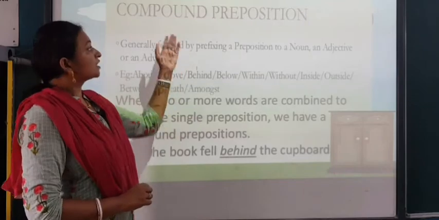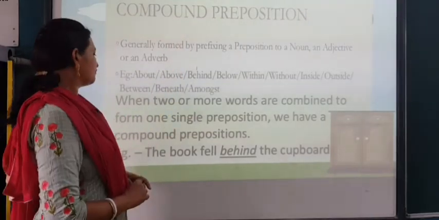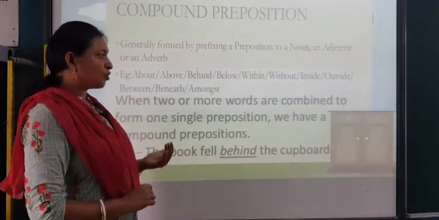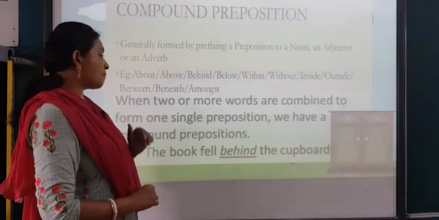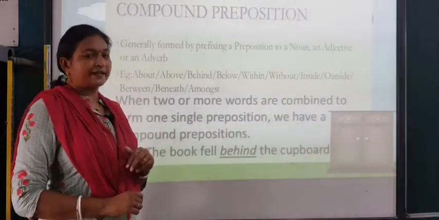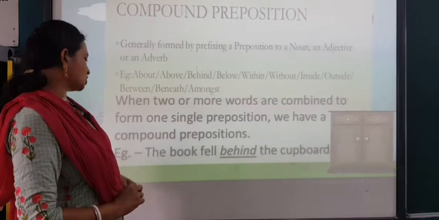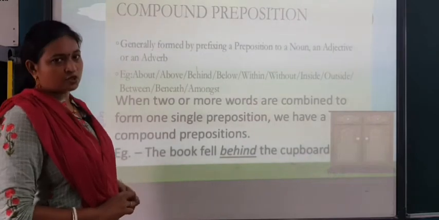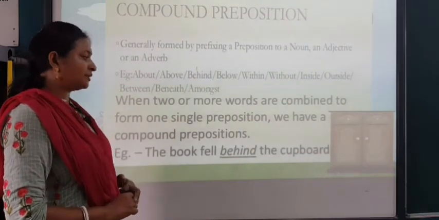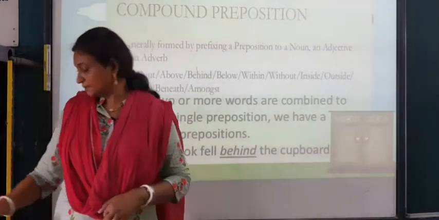These are all compound prepositions. When two or more words are combined to form one single preposition, we have a compound preposition. For example, the book fell behind the cupboard.